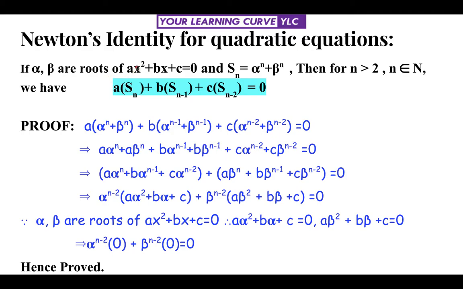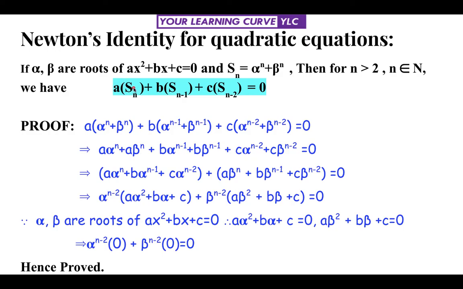That is, in place of x square, you put Sn. In place of x, you put a reduced value of n: x square is Sn, x is Sn minus 1, and here 2 degrees less, that is Sn minus 2.